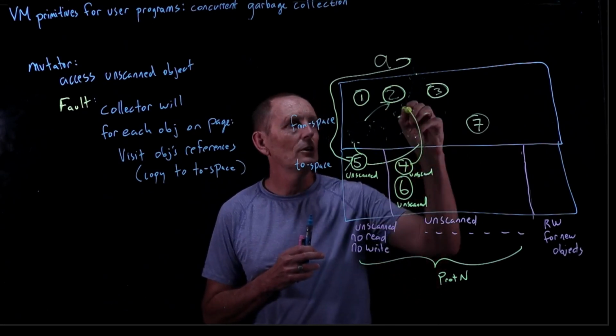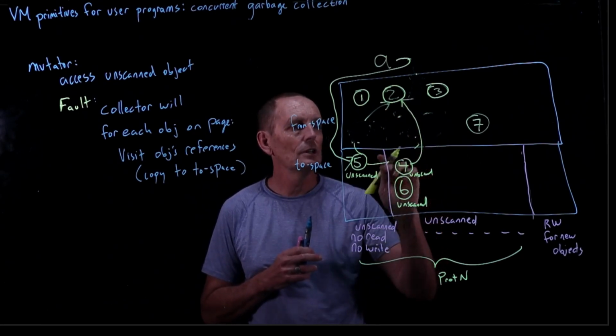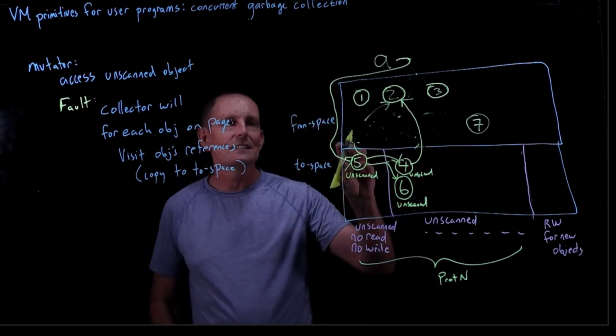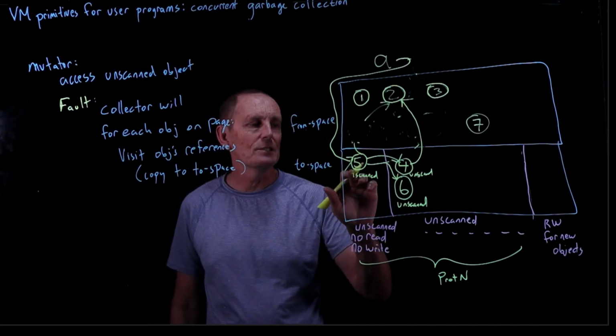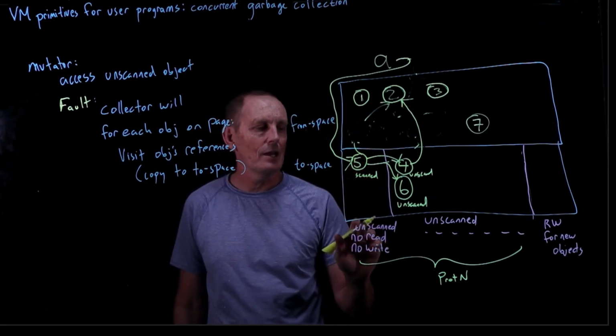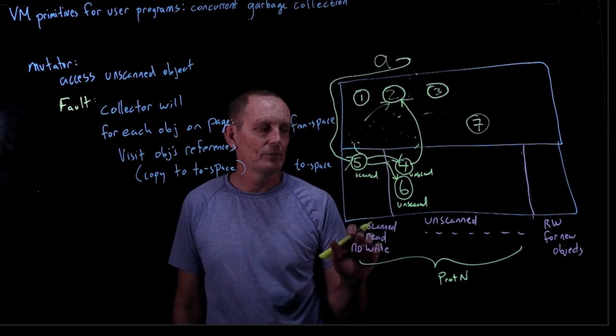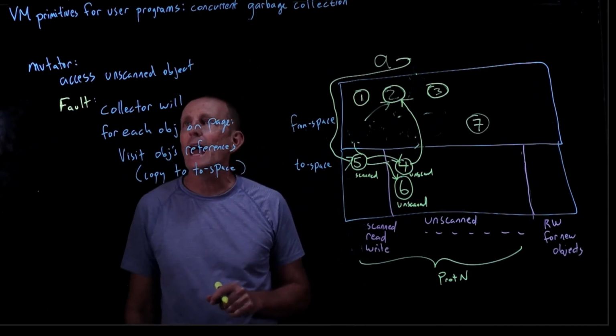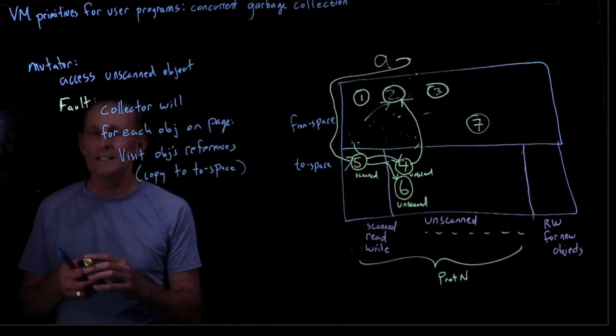So let's say 4 points to 2 and 5 points to 6 and to 4. And once it has scanned all of the objects on this page, it will then mark this page as scanned and make it readable and writable. At that point, the mutator continues.